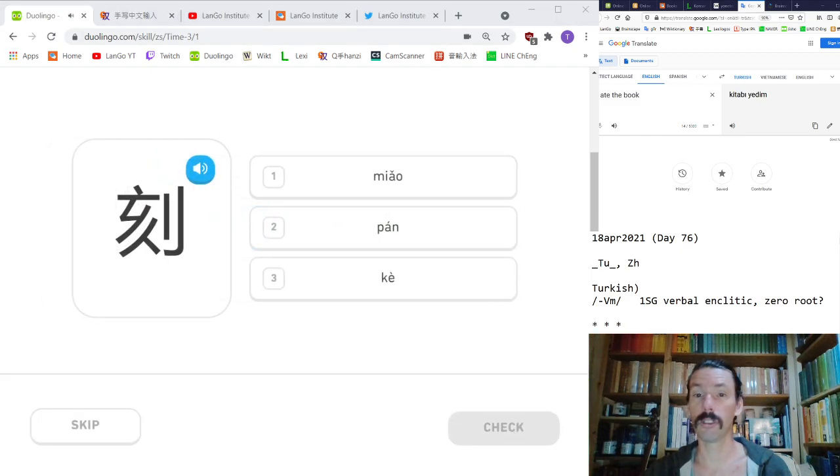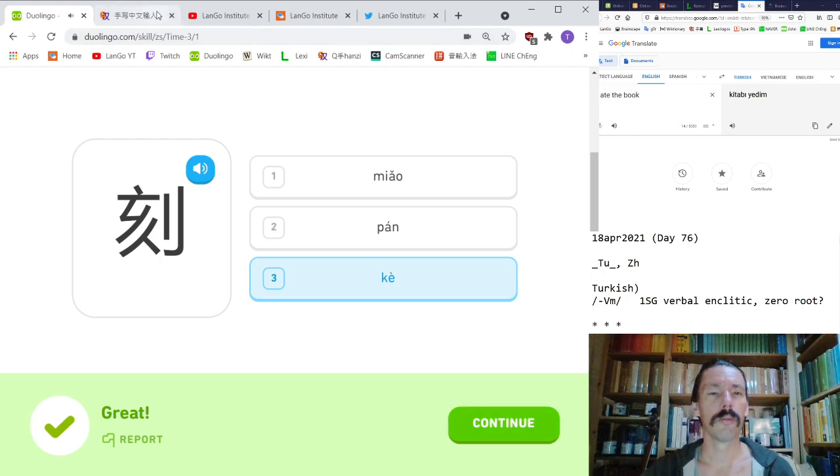Cool. Okay, cool. It was carve, I think, basically. Let's write it. It has a bunch of disparate meanings. Ke can mean quarter hour also.